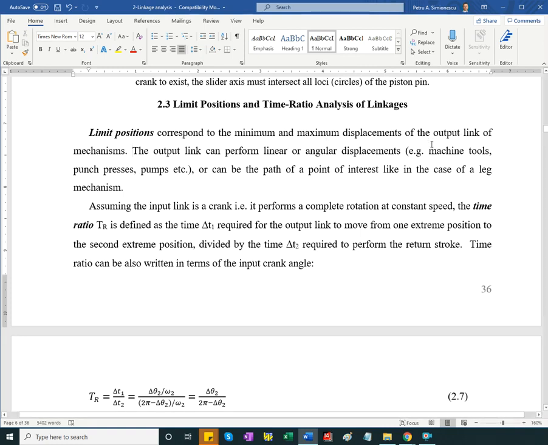So here the definition corresponds to the minimum and maximum displacement of what is defined as the output link, and again our concern is the 4-bar slider crank, the quick return Scotch yoke, and it was also on the list the oscillating slide or cylinder incline.